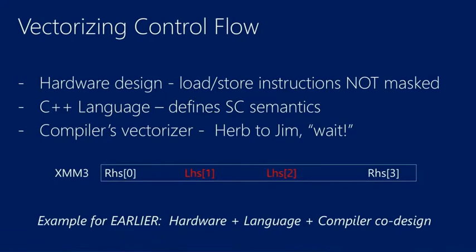The C++ language then was defining sequentially consistent semantics, and then the poor compiler vectorizer guy, Herb, Jim, wait. So that's exactly what happened in real time. We had the code ready to go, and I learned about this in real time. So this was a great example, again, of where the hardware guys, the language guys, and the compiler guys could work together going forward and have a huge impact.